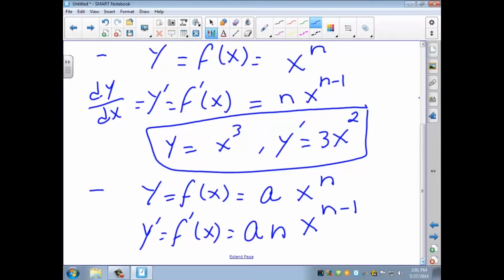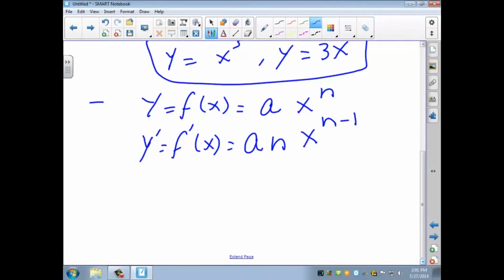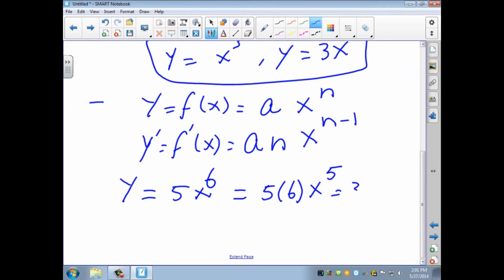You subtract 1 from the power. For example, if y is equal to 5x to the 6th, then this would be 5 times 6 times x, subtract 1 from the 6 would be 5 power. Therefore equal to 30x to the 5th. That is the derivative.